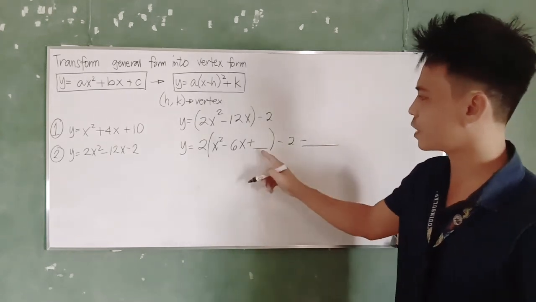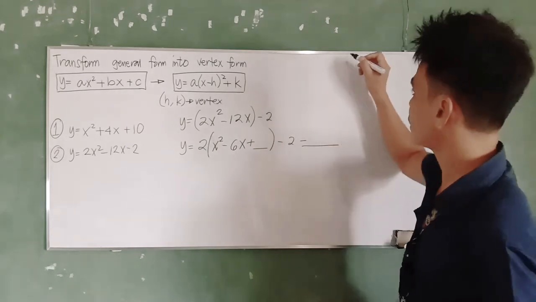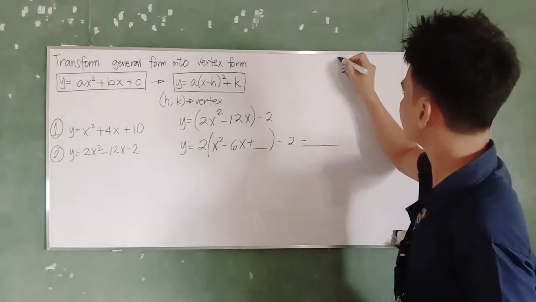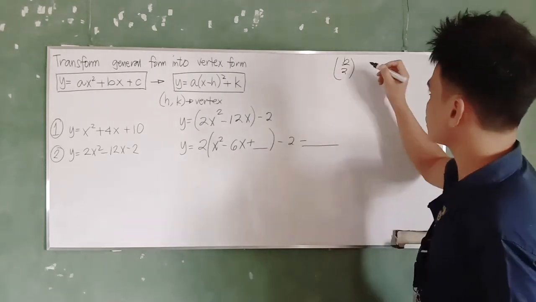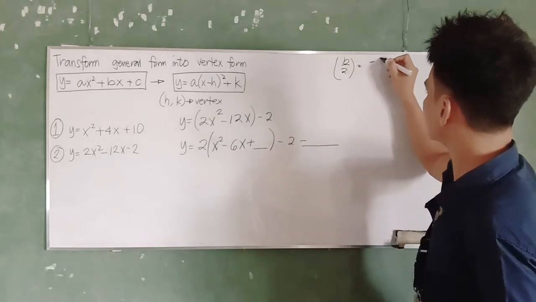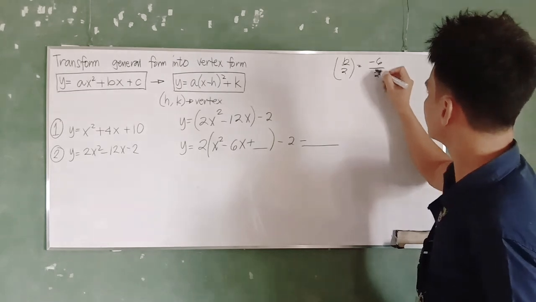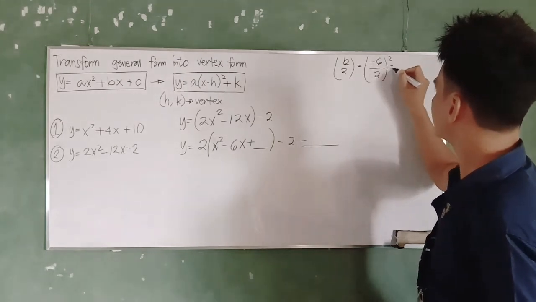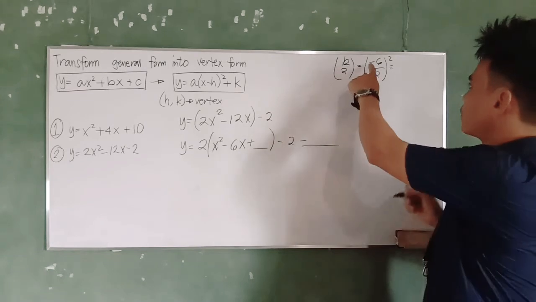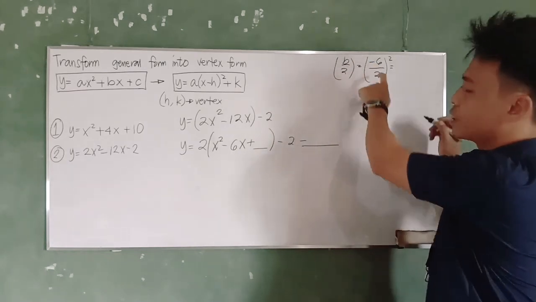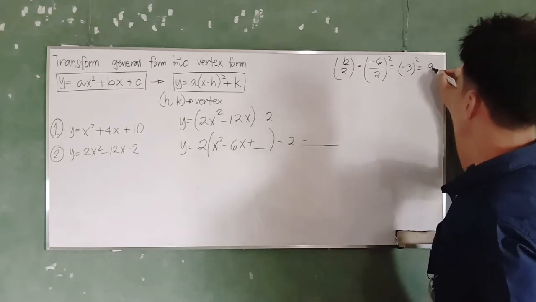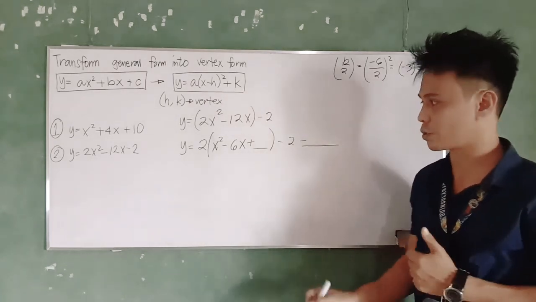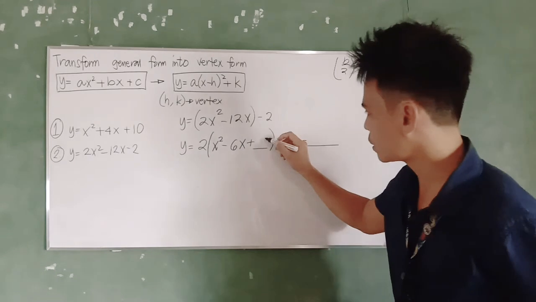Very good. So therefore, getting this value, we can use the formula b over 2 squared. So the value of your b there is negative 6. So this is negative 6 over 2 squared. So therefore, this is negative 6 divided by 2 is negative 3. And negative 3 squared is positive 9. So therefore, we add the value of 9 here.